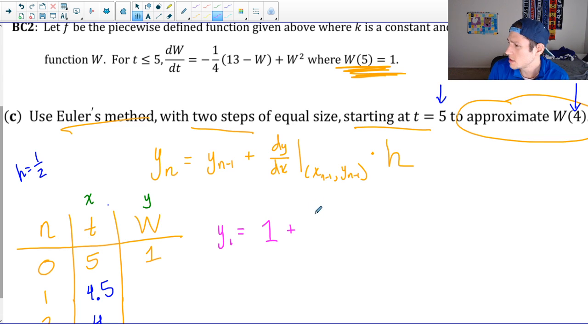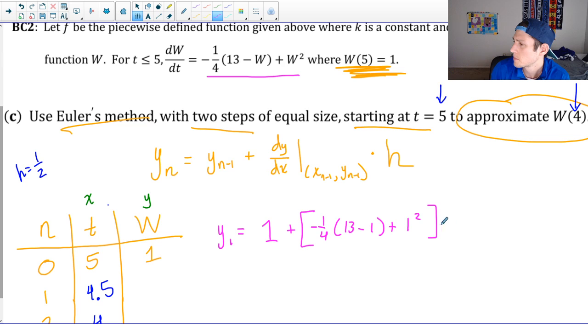Okay, so dw dt, if I plug in 5 and 1, that's negative 1/4 times 13 minus w of 5, which is 1, so 13 minus 1, plus w of 5 squared, so 1 squared. Then times h, so that's times 1/2.